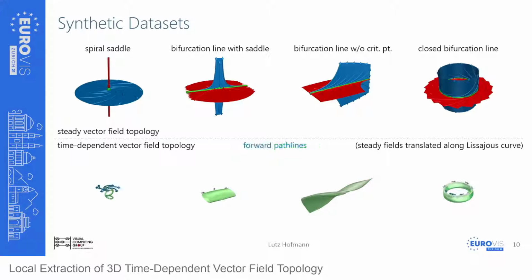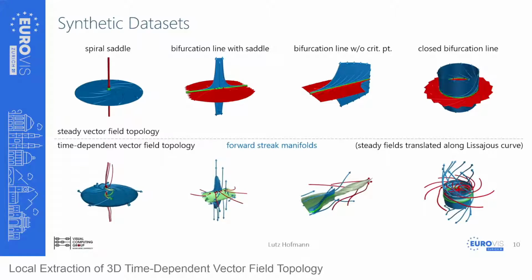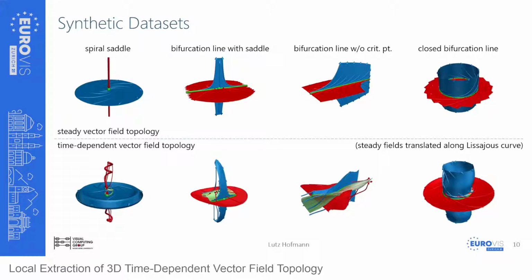The streamlines in the steady case are now replaced by path lines, and the invariant manifolds from steady vector field topology are replaced by the streak manifolds in our time-dependent topology. Our method is constructed in a way such that applying it to a steady vector field, the steady vector field topology is recovered.